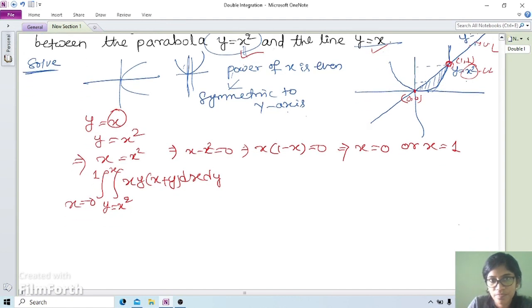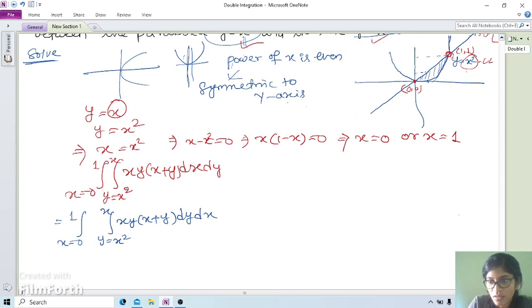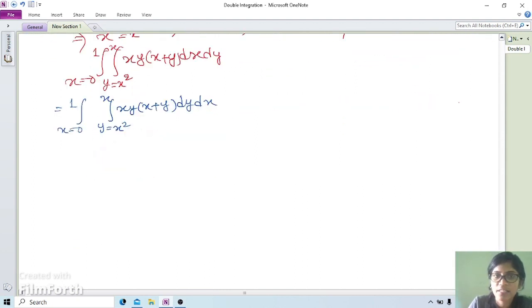Now this is equal to the integration of xy into x plus y into dy dx, y from x square to x, x from 0 to 1. Now we simplify as usual the previous integration.